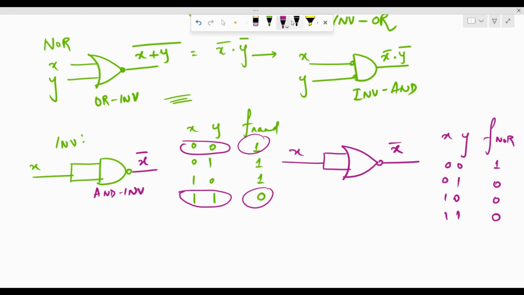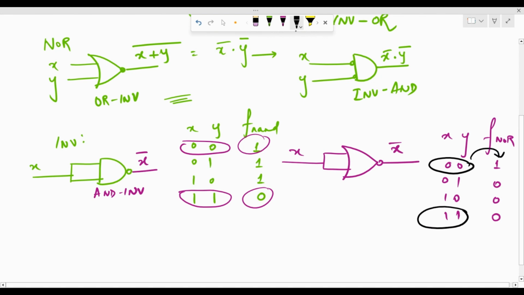Now let's just focus on the situation where both the inputs are the same. So 0, 0 and 1, 1. When the input is 0, the output is 1. When the inputs are 1, the output is 0. So that means the output gets inverted when the same input is fed into both the terminals of the NOR gate.